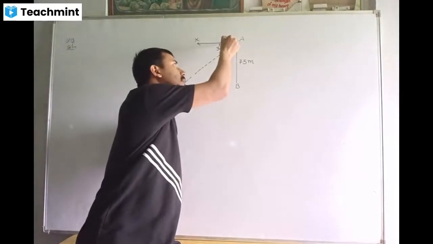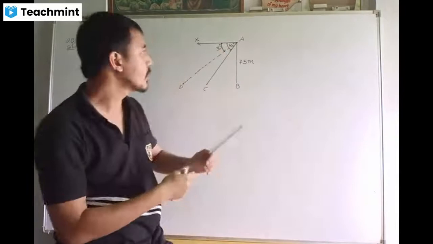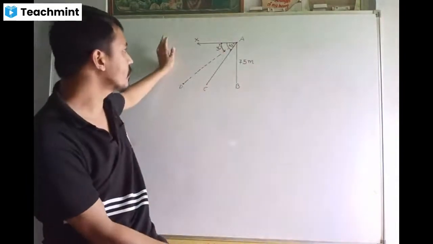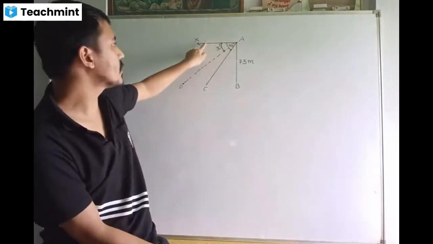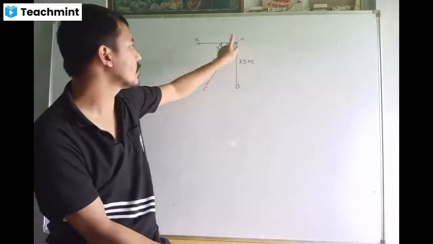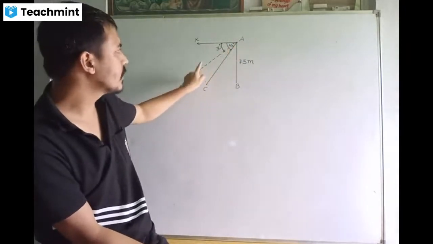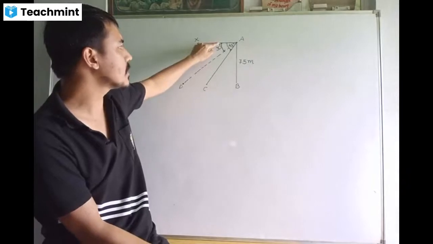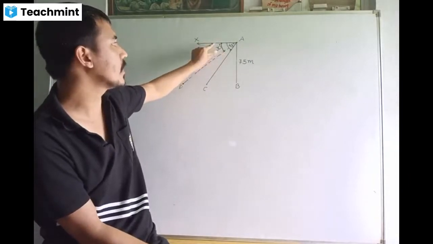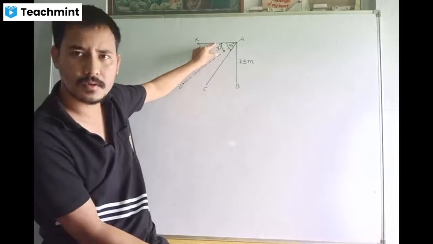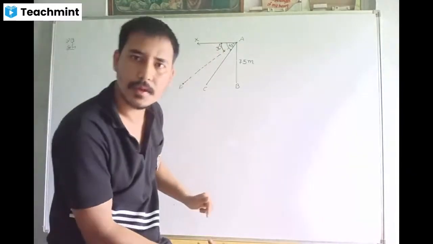The angle between the horizontal line and the line of sight is the angle of depression, right? In the second case also, this is the horizontal line. This time the observer is looking down at the other ship. So AD is the line of sight. So the angle between the horizontal line and the line of sight will be the angle of depression, which is equal to 30 degrees. Are you following me?